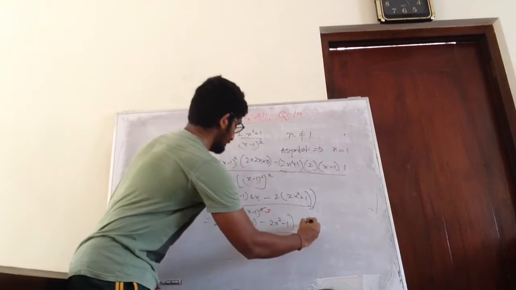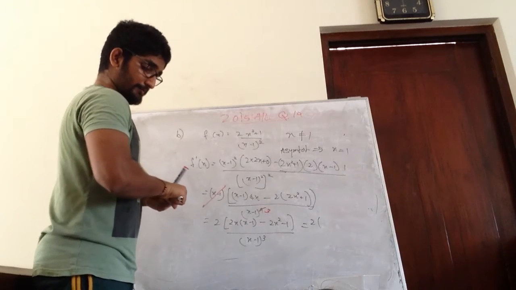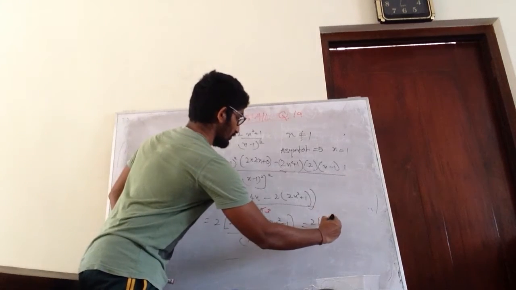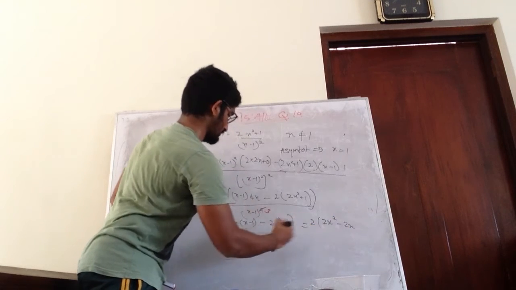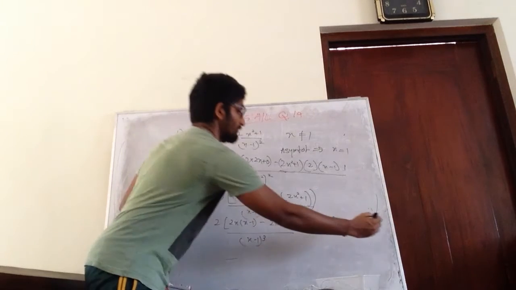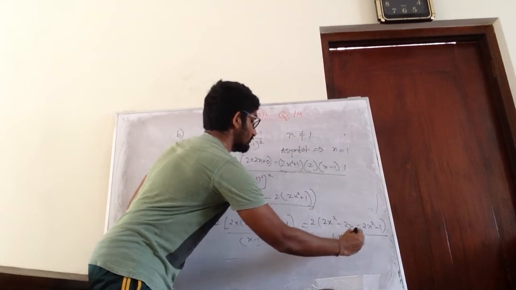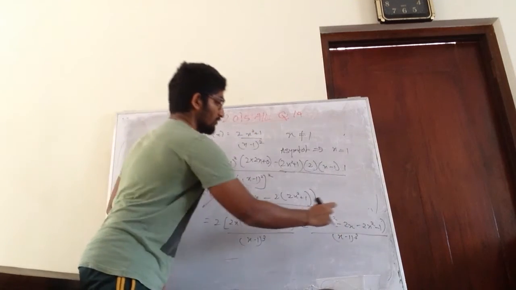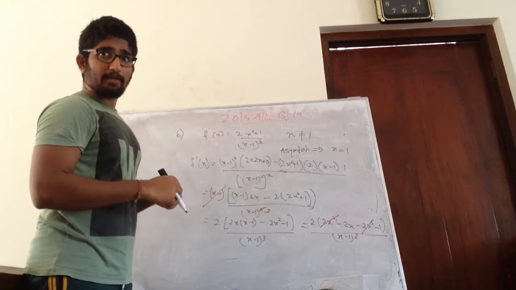So I will get here 2 times 2x squared minus 2x minus 2x squared minus 1, divided by x minus 1 cubed. So I can cut these off as well. Right now?